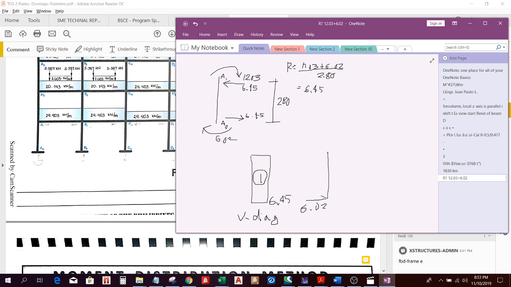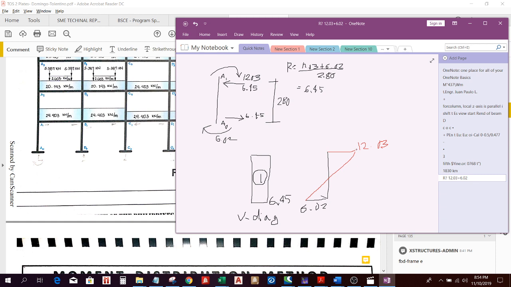But wait, let's observe this moment here. It's going to the right. Therefore, we expect the moment is here, with a value of 12.03. Since this is a 0 degree slope, we have a first degree slope like this. So let's check the consistency.